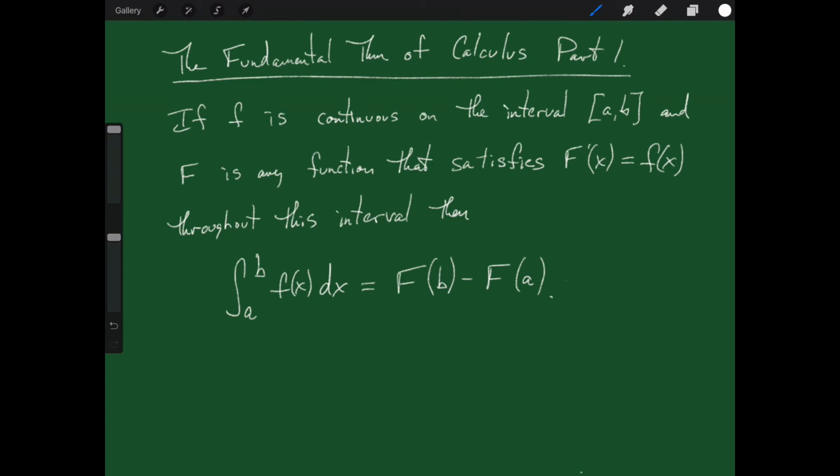All right, so let's read through it really quickly. It says if f is continuous on the interval a to b, and capital F is any function that satisfies that the derivative of capital F is little f of x, in other words, capital F is an antiderivative of little f of x, then the definite integral from a to b of f of x dx is capital F of b minus capital F of a.